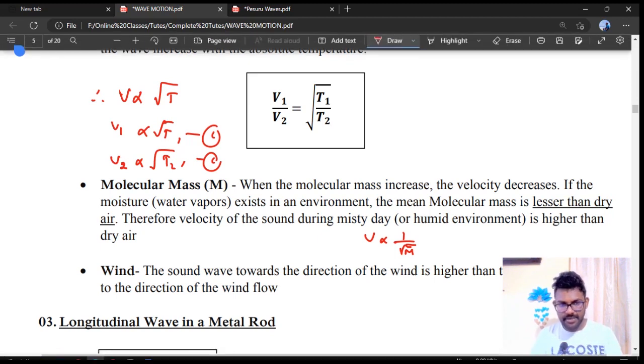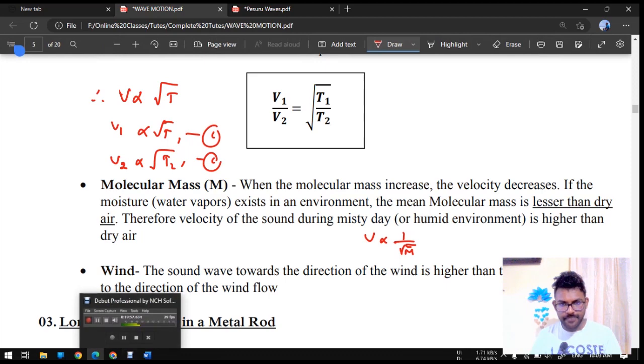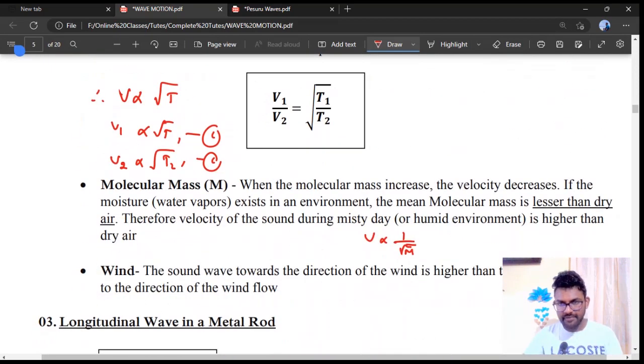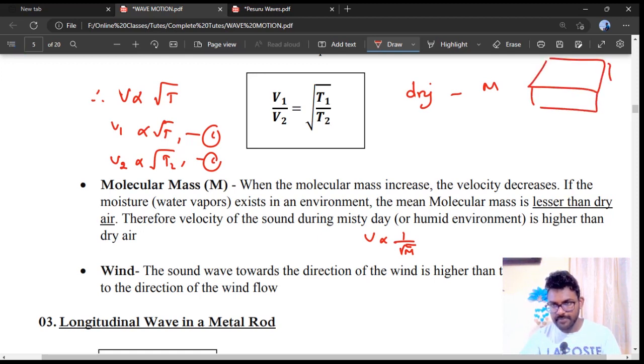Now, as an example, let me consider it this way. We have a certain environment where it is completely dry, so you have a certain molecular weight of the air. Now when it is humid, or let's say it's a misty day, so it is wet, let's say a different M dash.